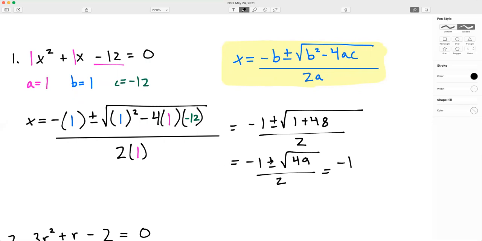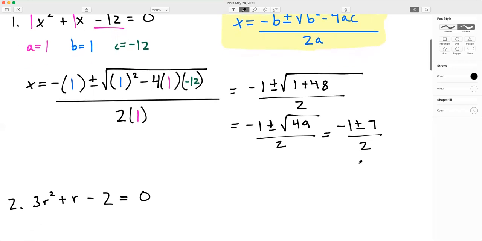It's 48 plus 1, all over 2, equals negative 1 plus or minus 7 over 2. So really these are our two answers, right? However, why do we have two answers? Well, one's plus and one's minus.